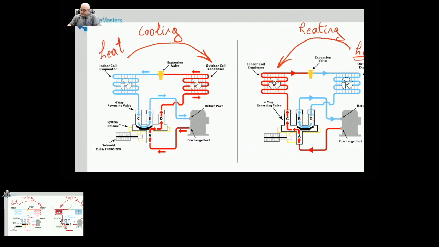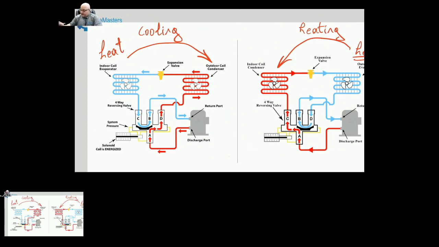And if you compare it to the cooling cycle, the same refrigerant flow is going also to the back end of the reversing valve, but this time it is directed to the outdoor coil as a high pressure, high temperature refrigerant to give up heat to the outdoors.